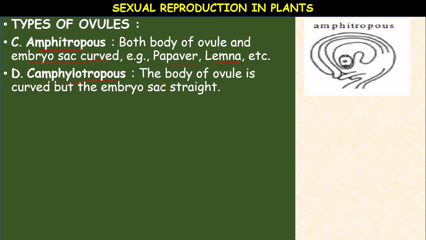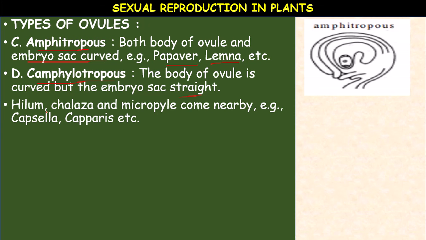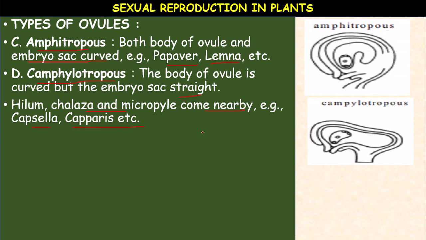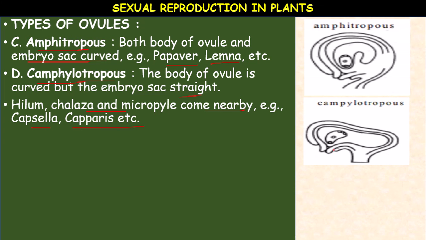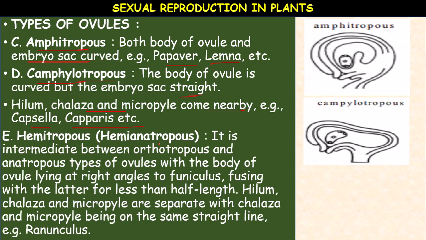Then campylotropous: the body of the ovule is curved but the embryo sac is straight. Hilum, chalaza and micropyle come nearby. Examples, Capsella and Capparis. See here, hilum, chalaza and micropyle come very close.